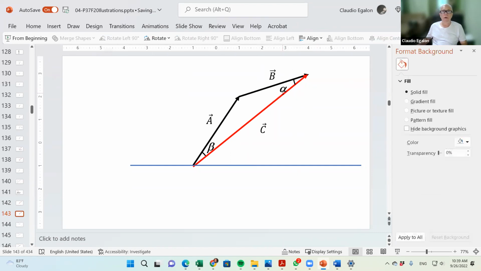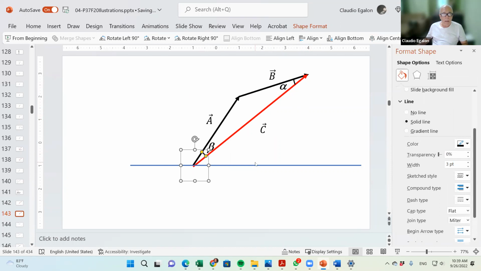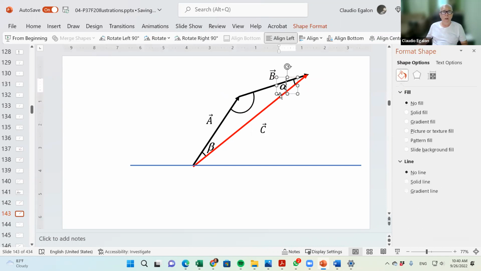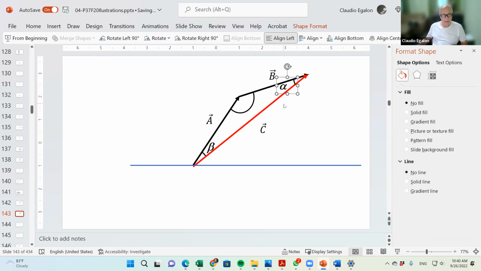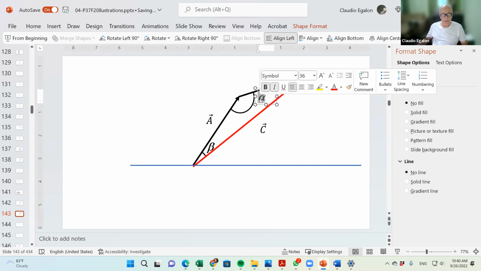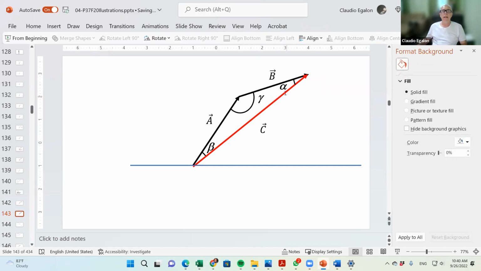And finally, this angle here that's opposite to side C, I'm going to call the angle gamma. Make sense? Gamma, like that. Alpha, beta, gamma. Alpha opposite to A, beta opposite to B, and gamma opposite to C.